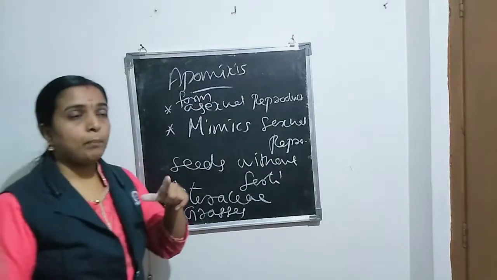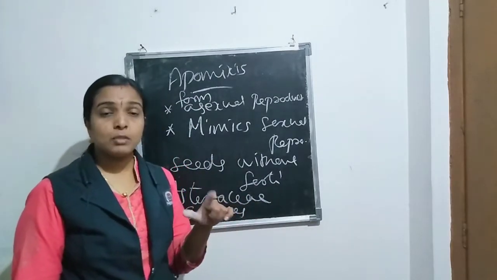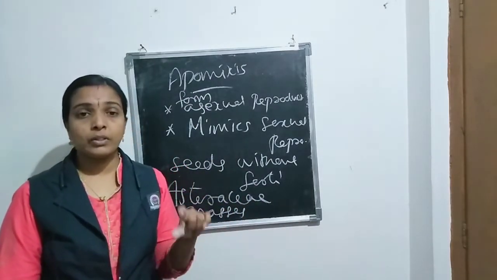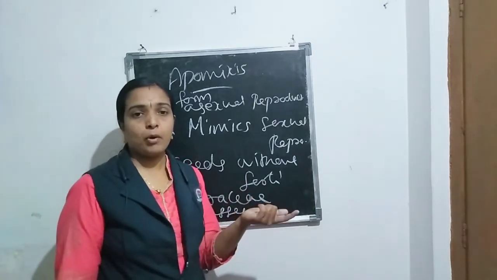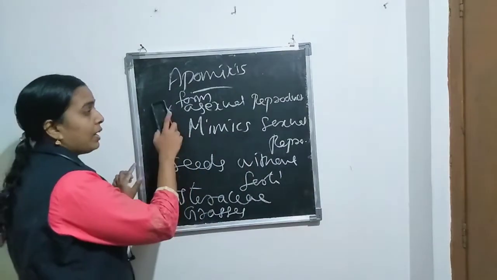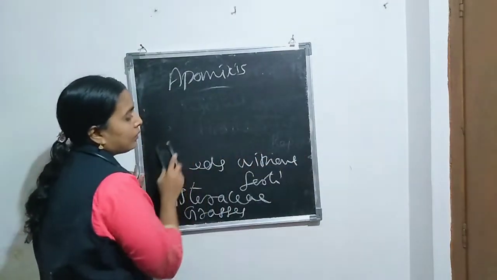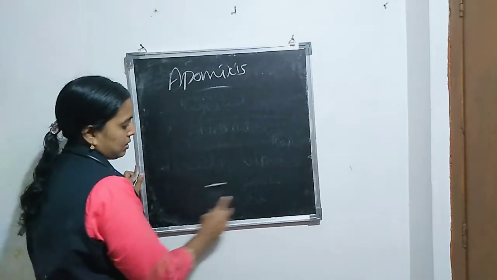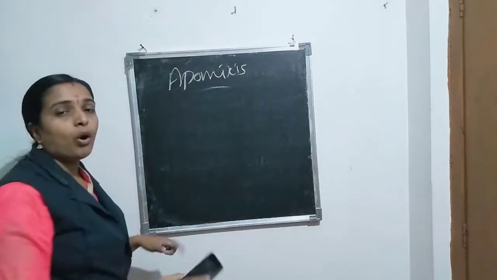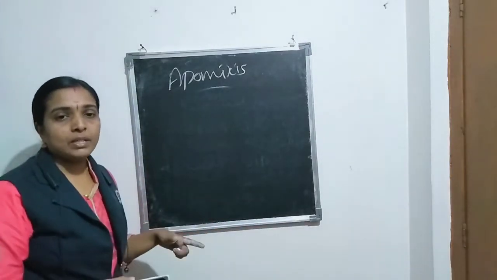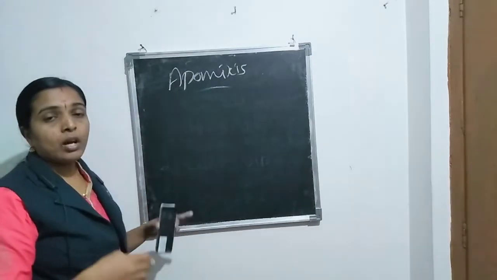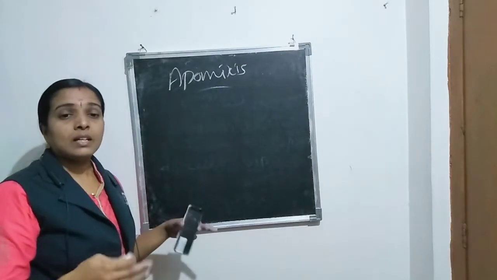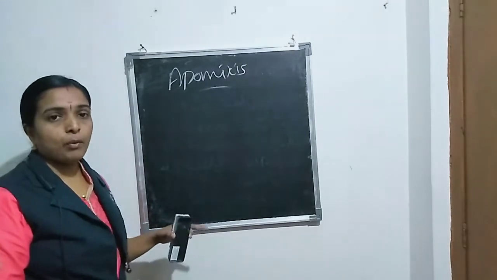There are different ways of apomixis, or apomictic seed production. There are two different ways, or you can write reasons or ways of apomixis found in plants.